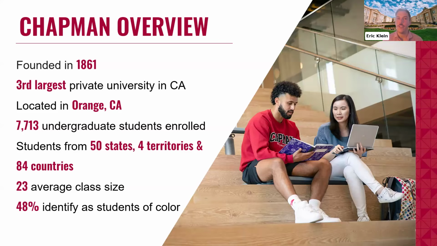It's about 7,700 undergraduate students, and it's a pretty diverse group of folks who are coming from all 50 states, a variety of territories and countries as well. So your students are going to be engaging with folks from all different backgrounds, communities. So it's a very lively, intentional university that we are proud to call home.